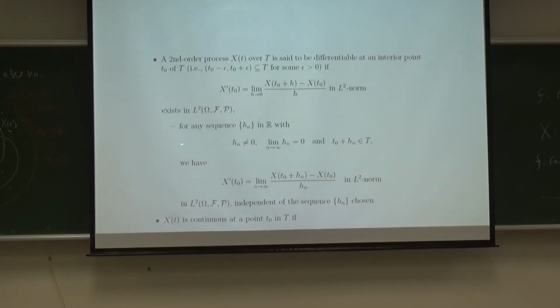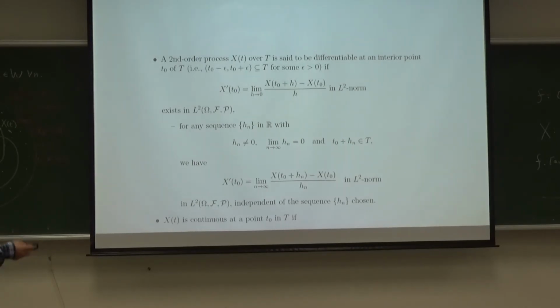Here, this means that for any sequence h_n in R such that h_n is not equal to 0, because h cannot be 0, otherwise it is undefined, but h_n goes to 0 as n goes to infinity, and we also require t0 plus h_n is in T, the time parameters.